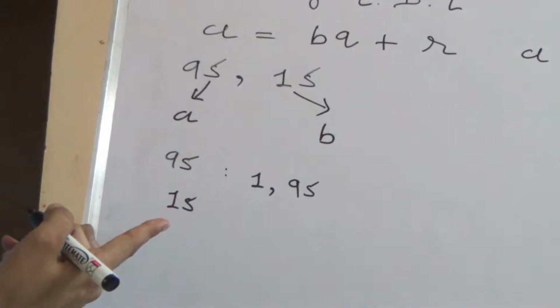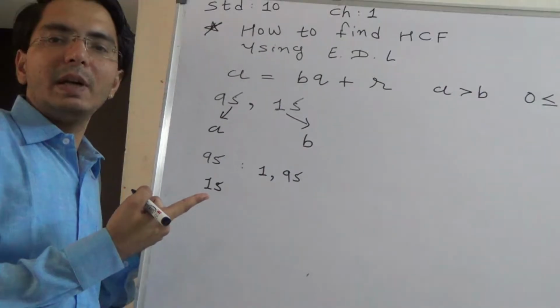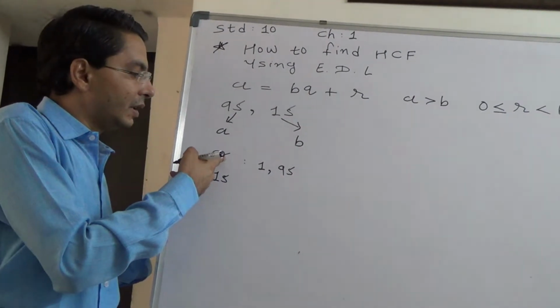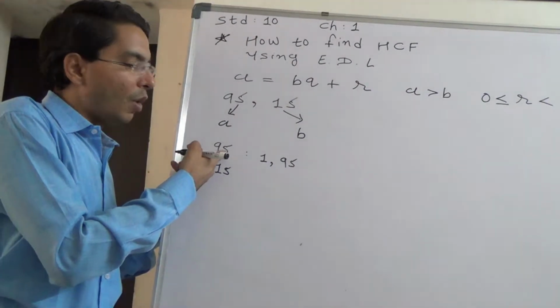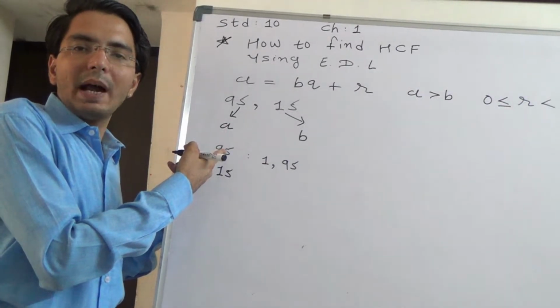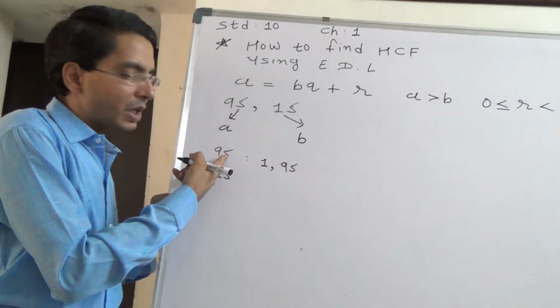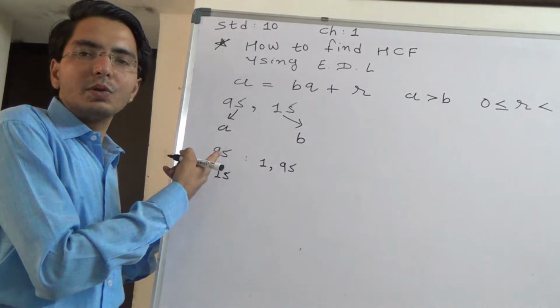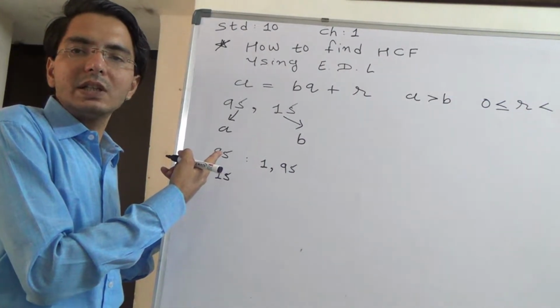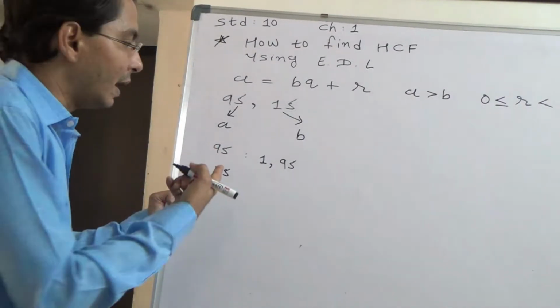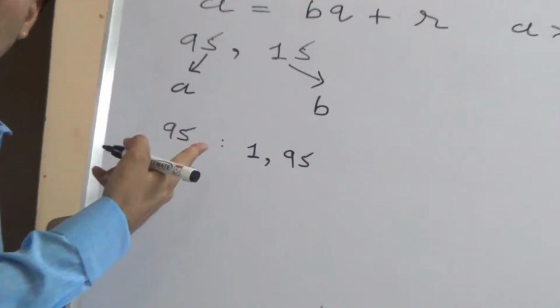Then divisibility by 3. Divisibility by 3 is, we know, that if the sum of all digits is divisible by 3, then the whole number is divisible by 3. Here 9 plus 5 is 14, and 14 is not divisible by 3, so this number is also not divisible by 3.